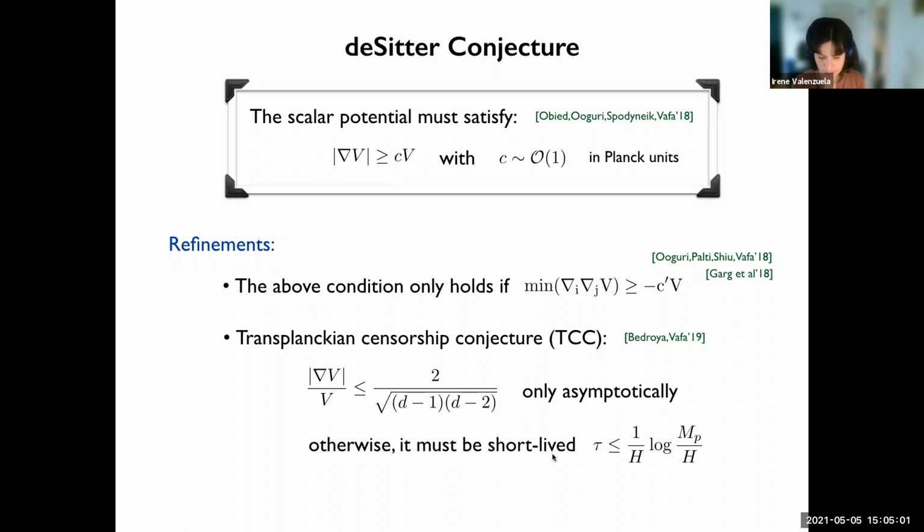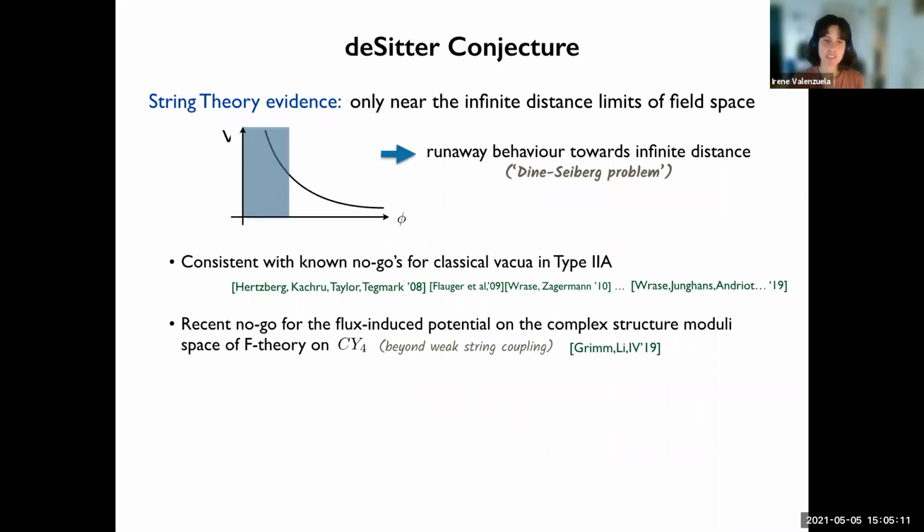And I think, at least in my opinion, the evidence that we have for this only comes from the behavior of the scalar potential in string compactifications near these boundaries of the moduli space.